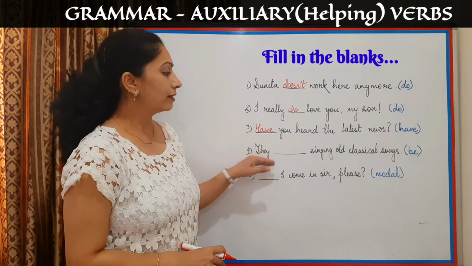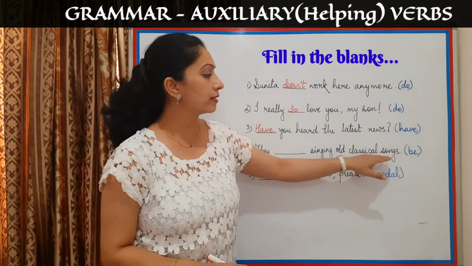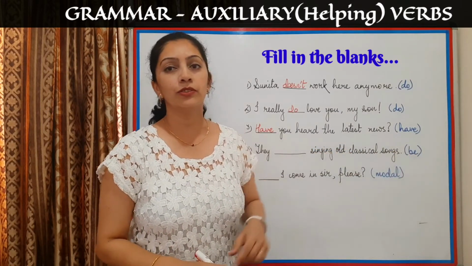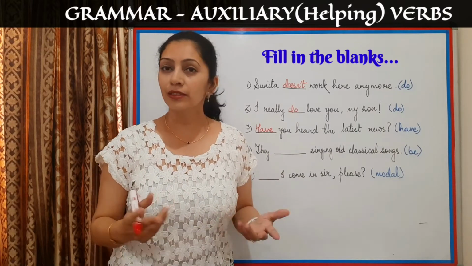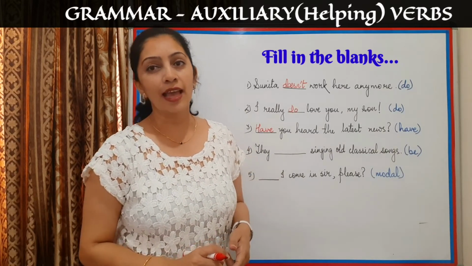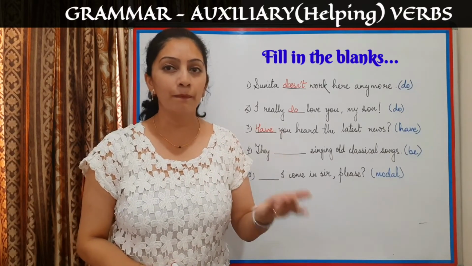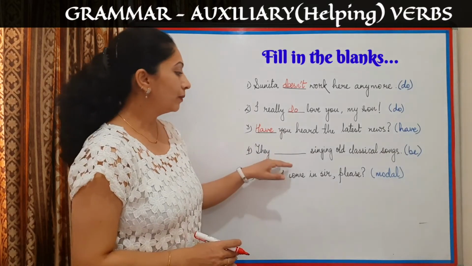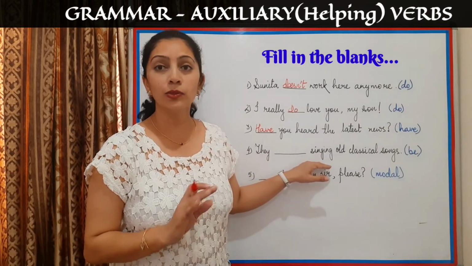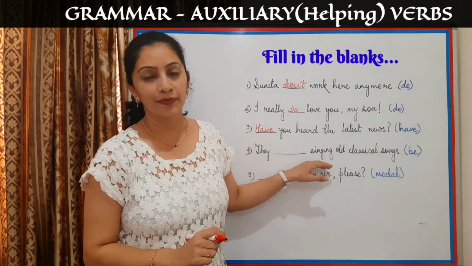The next one. They dash singing old classical songs and the verb given to you is be. Now what are the different forms of be? Is, am, are in the present tense and was, were in the past. Now here there is no mention of the tense.